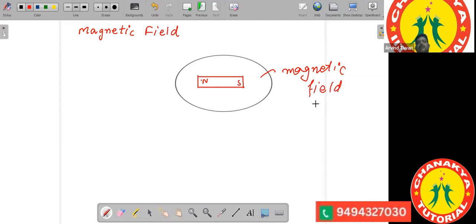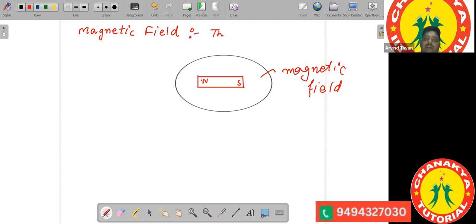The space around a magnet where we can feel its presence. So the space around a magnet where we can feel its presence is called magnetic field. So what is magnetic field?